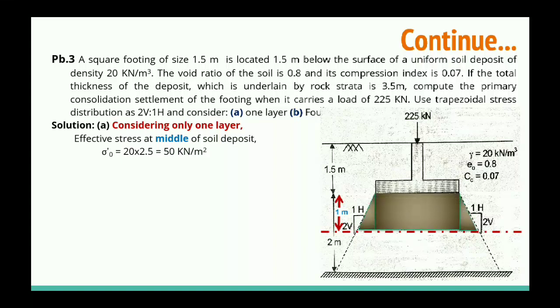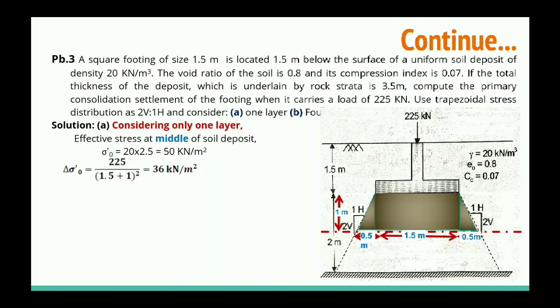So this is the dispersion pattern which is shown in the figure, and the total width we can calculate, and that is 0.5 because the height is 1 meter. So 2 vertical and 1 horizontal. So here vertical is 1 meter, so horizontal would be 0.5 meter from the left or from the right, and total would be 0.5 plus 1.5 plus 0.5, and then we can get 2.5.